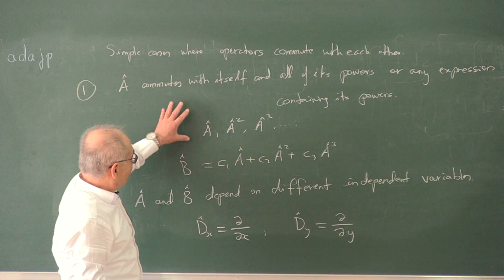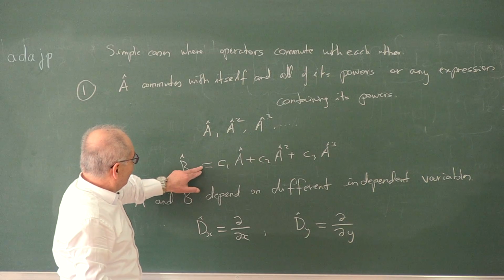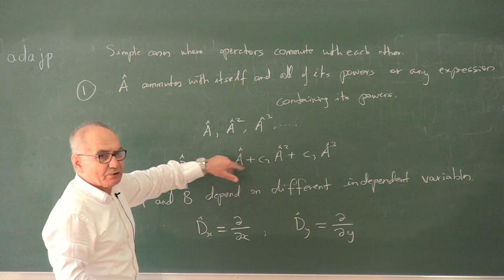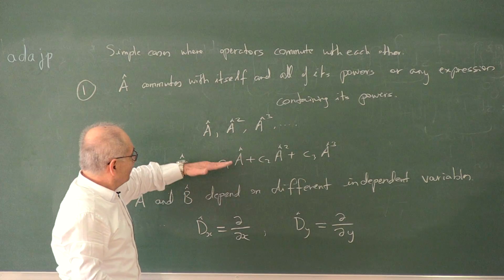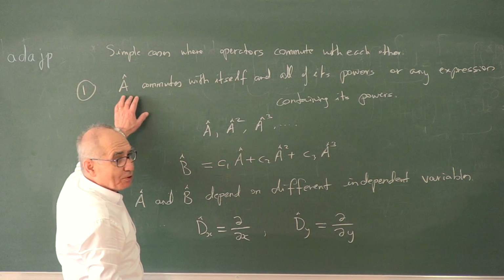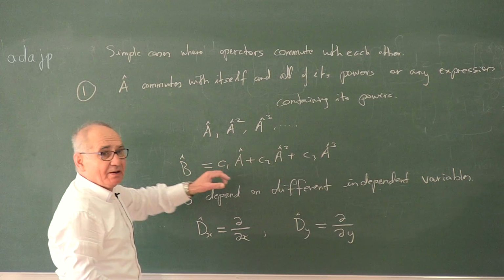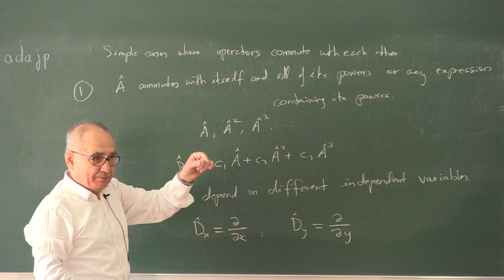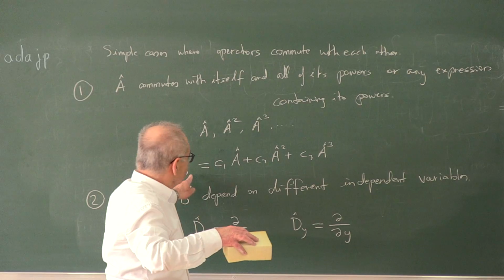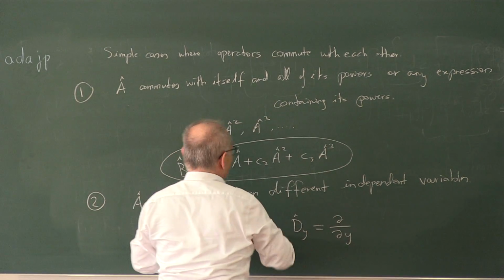Now we have told you that because this B is an expression made up from powers of A. Such an expression for any value for C1, C2, C3 will commute with A. Therefore, A and this B should have the same set of eigenfunctions. So it is this one for B.